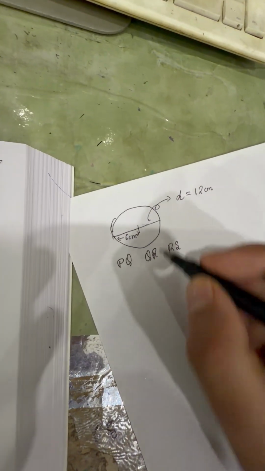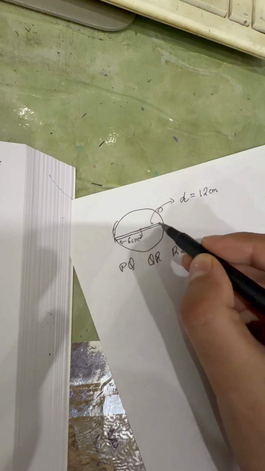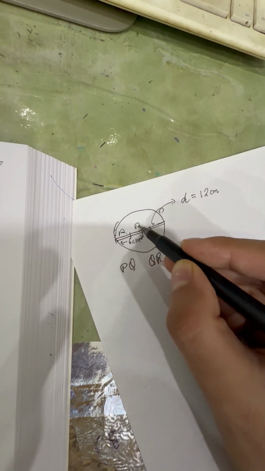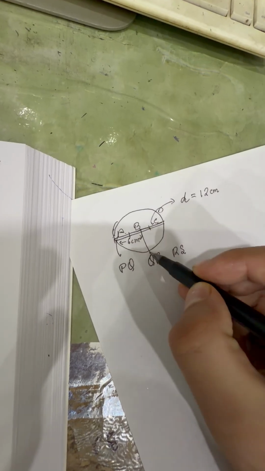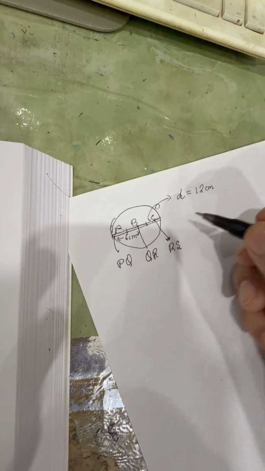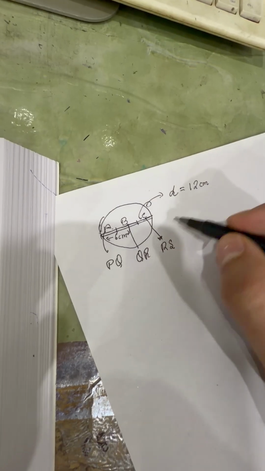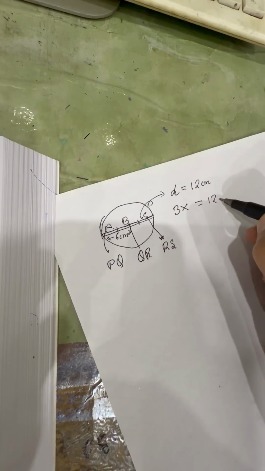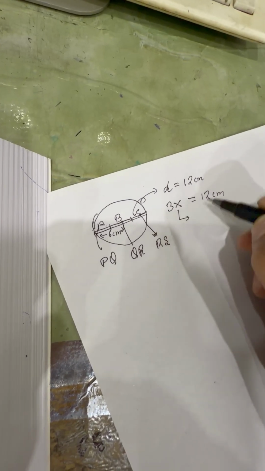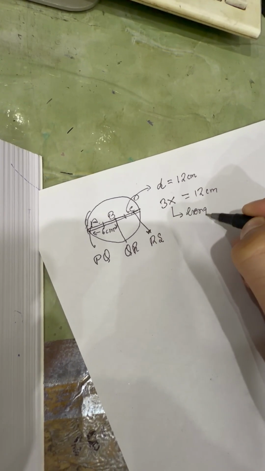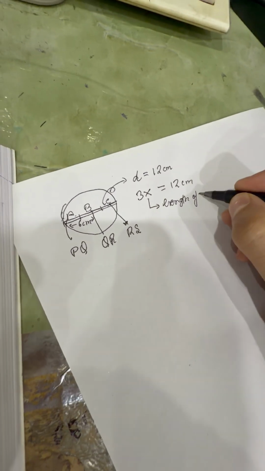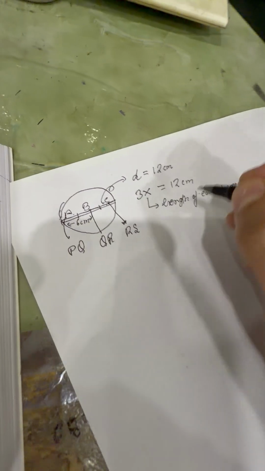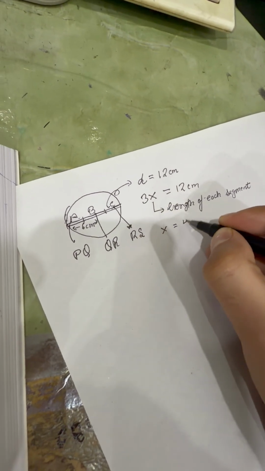Now if this whole line is divided into three parts, let's say like this: A, B, C, where A is PQ, B is QR and C is RS, and they are equal, then we can say that 3x equals 12 centimeter, where x is the length of each segment, then x is 4 centimeter.